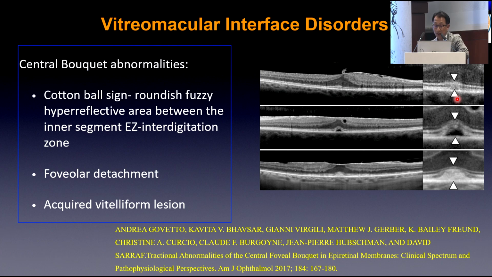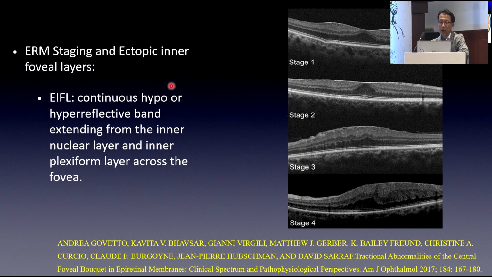The next important biomarker is the ectopic inner foveal layers, which is usually seen in epiretinal membrane in the third and fourth stages, with hyperreflective bands extending from the inner nuclear layer and inner plexiform layer across the foveal area.